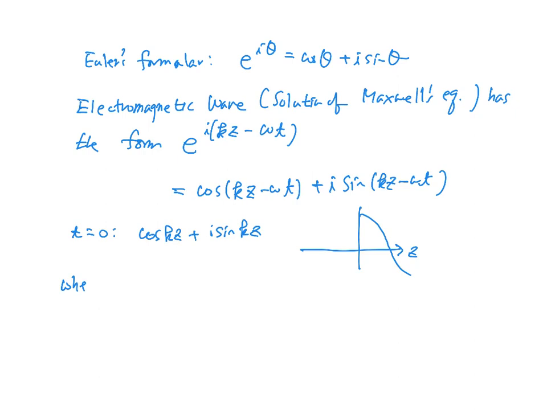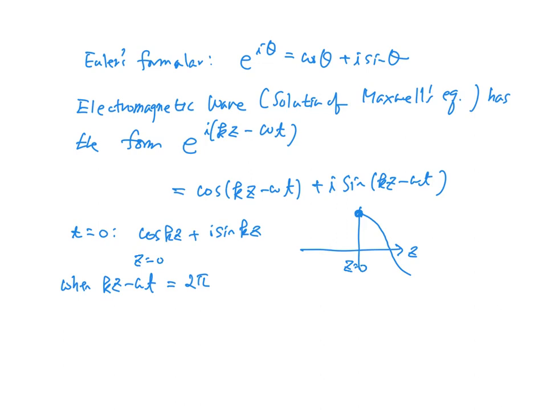When kz minus omega t is 2 pi, what happens? This point is where z is equal to 0.